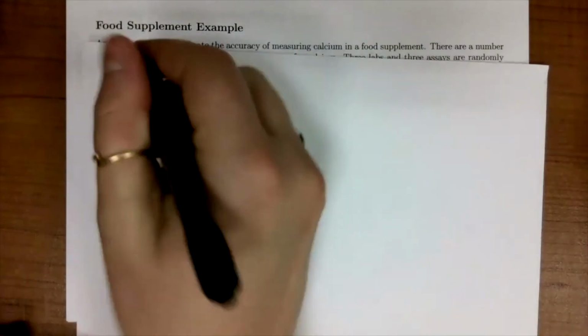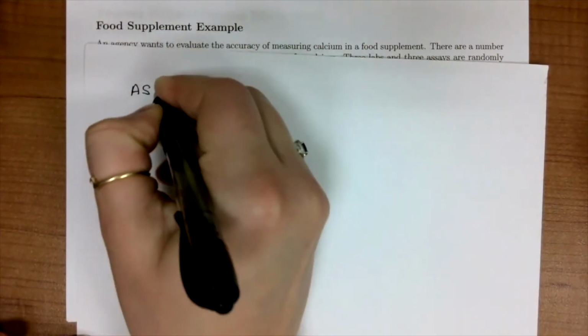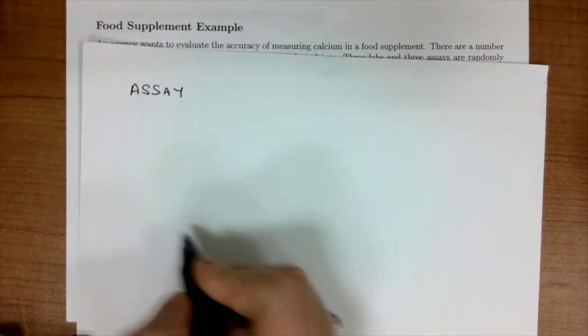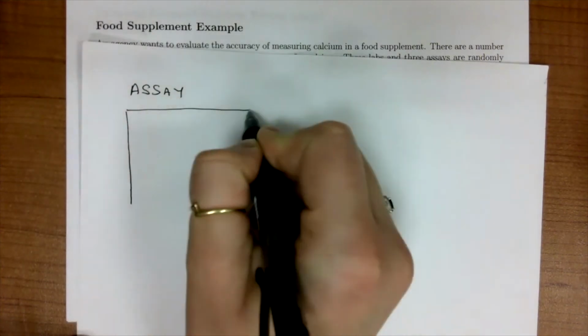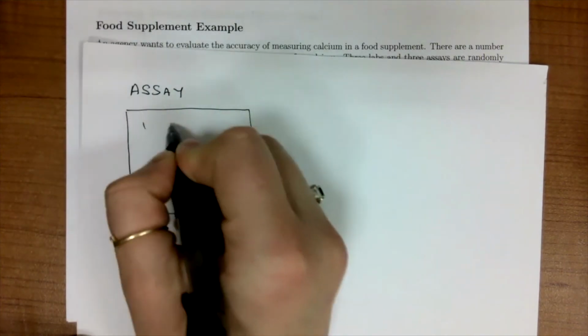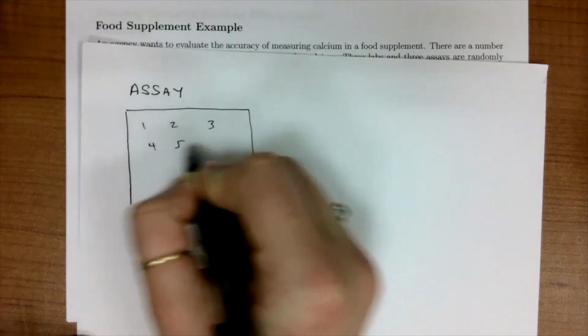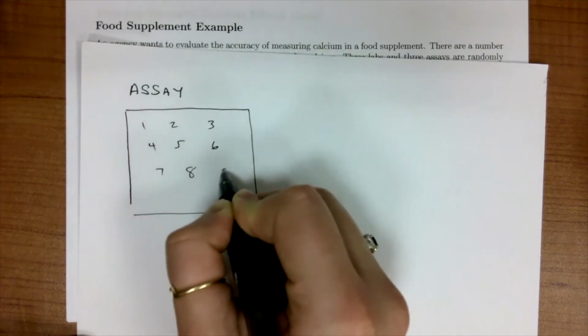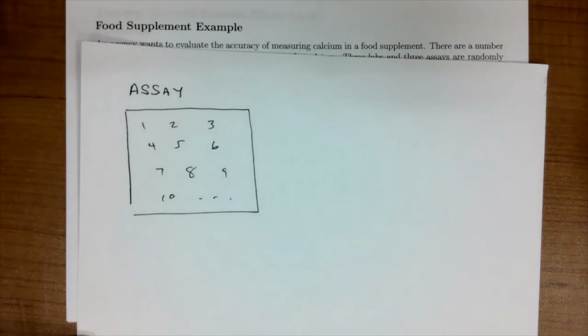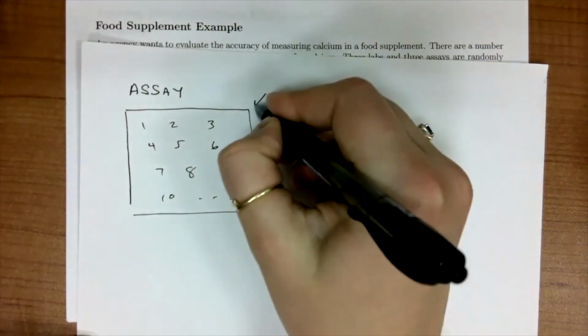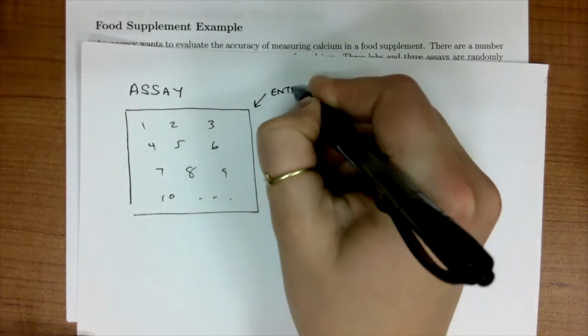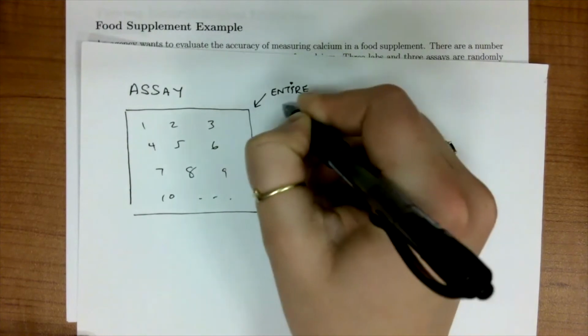What this looks like, let me get an extra piece of paper, is here we have assays. In our entire population, maybe we have 1, 2, 3, 4, 5, 6, 7, 8, 9, 10, and so on. This would represent our entire population or however many we have.